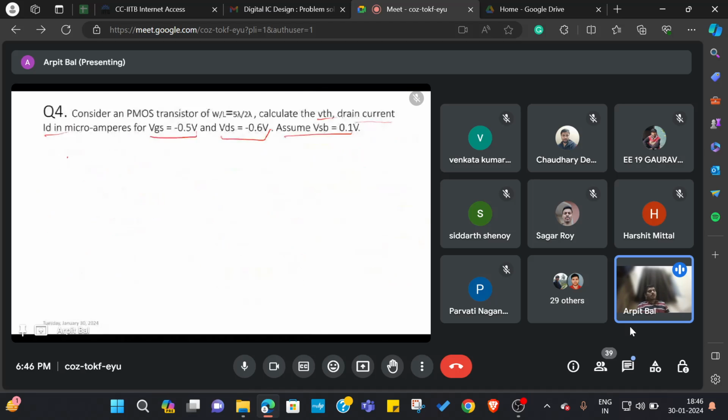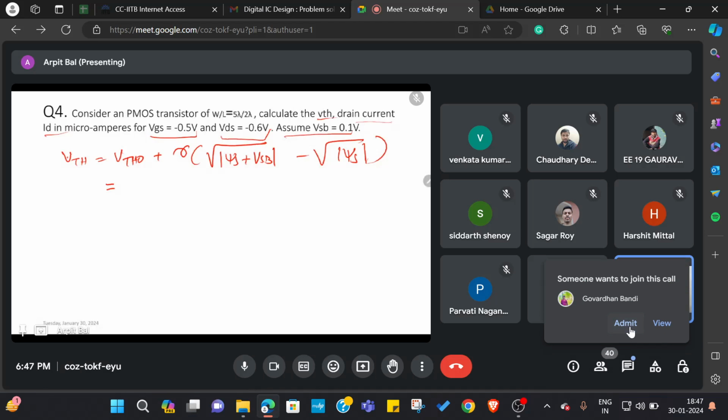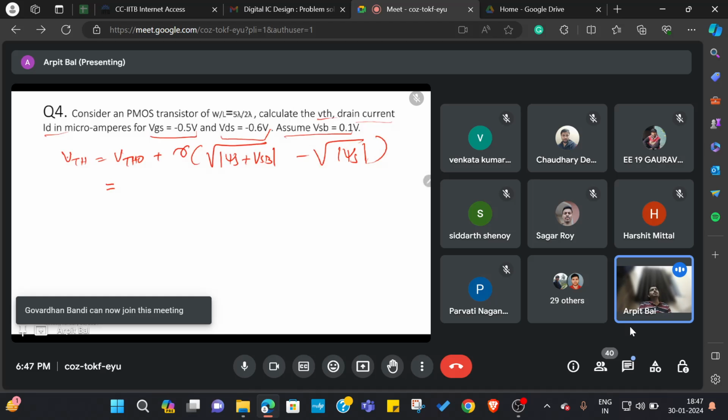Okay, so now let us start solving this question. We have VTH is equal to VTH naught plus gamma times the square root of mod psi s plus VSB, minus root of mod psi s. The mod of VTH naught P was given to us as 0.35 volt, so we will write it as minus 0.35 volt.